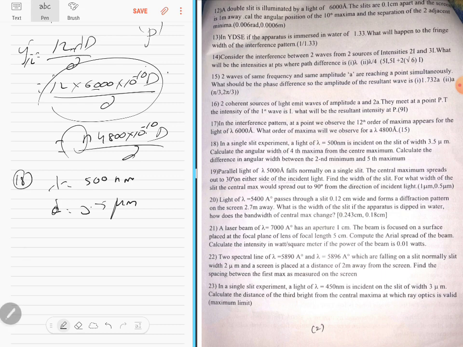For diffraction, I just told you the formula is 2 into lambda by small d. That's for theta where it covers the central maxima, but this question is about the angular width of the fourth maxima from the central maxima.